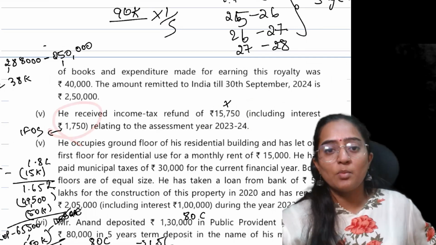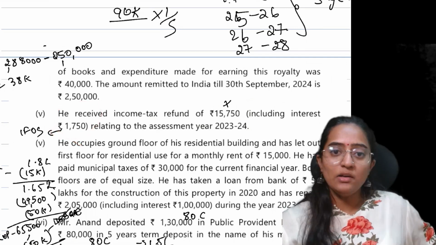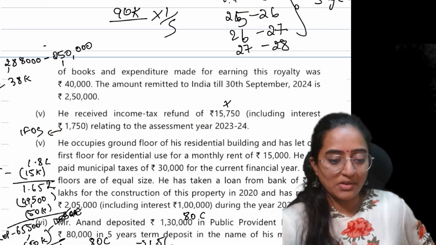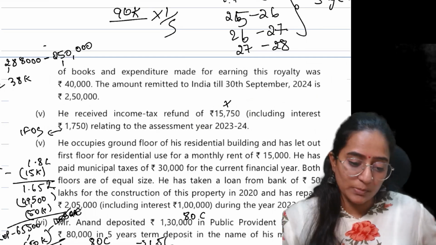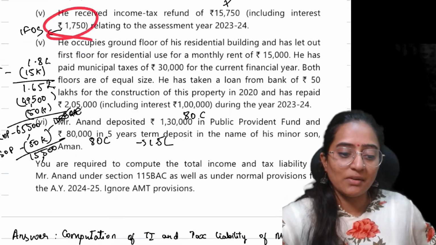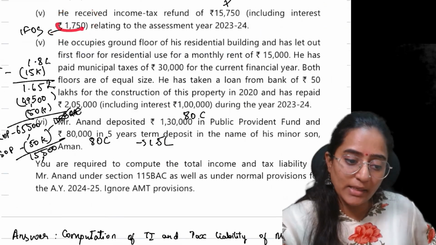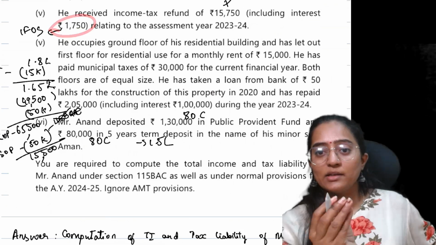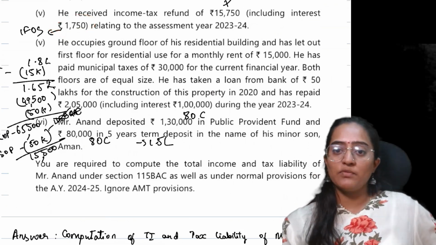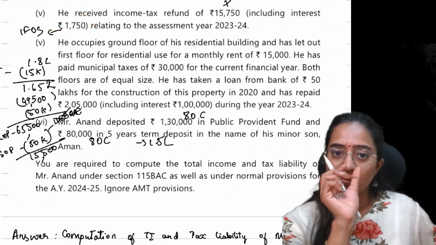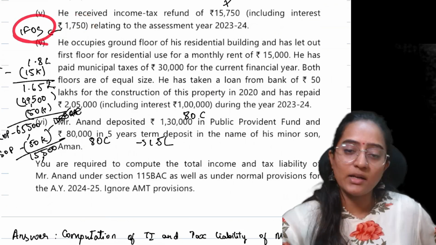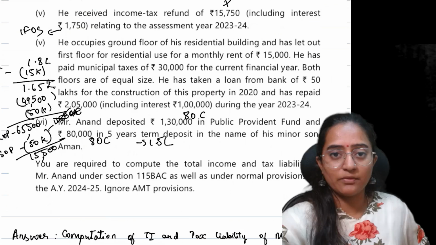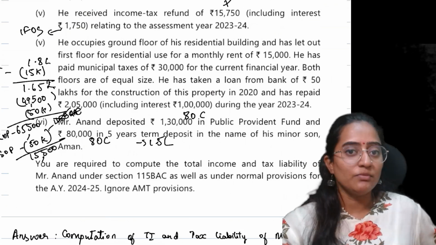Out of that, interest amount is 1,750. Clear? Out of this 1,750, this is going to be taxable and the remaining amount will not be taxable. The same amount has been included. Just some few minutes back, we saw income from other sources: interest on this income tax refund amount is 1,750.